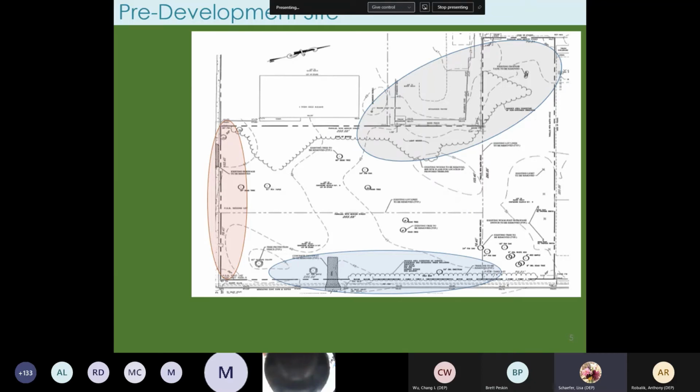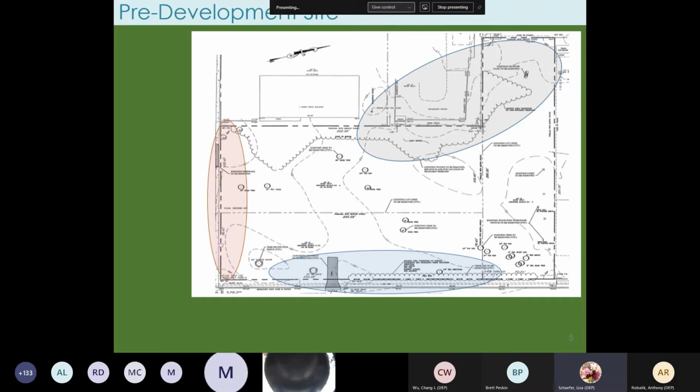There's also a church along the property and the western boundary, which is to the upper left edge of the page. In the existing condition, our stormwater flows towards all of the property lines, basically away from a high point in the center of the site.